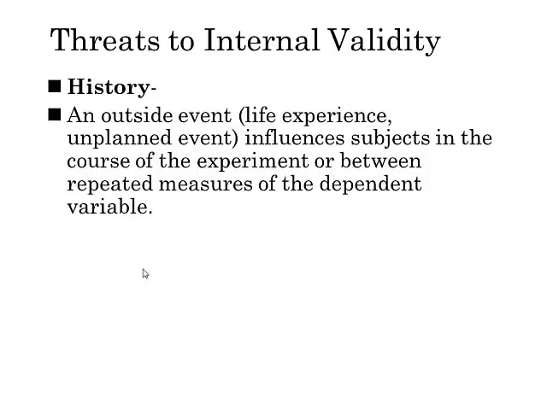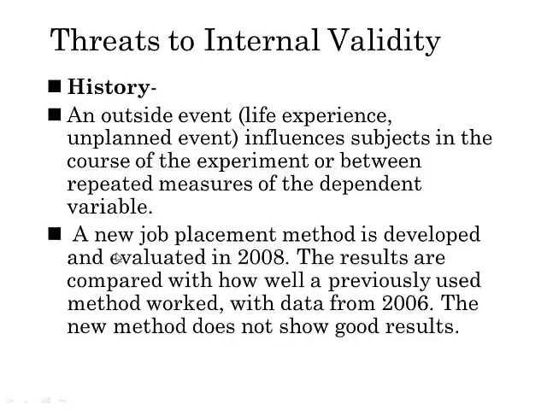So in the latter case, if you are collecting data over time, maybe every month you are collecting data from the participants, then something is happening in the lives of the participants that could influence the results of your study that is outside the confines of your experiment. Some life experience, some unplanned event, something is going on outside.